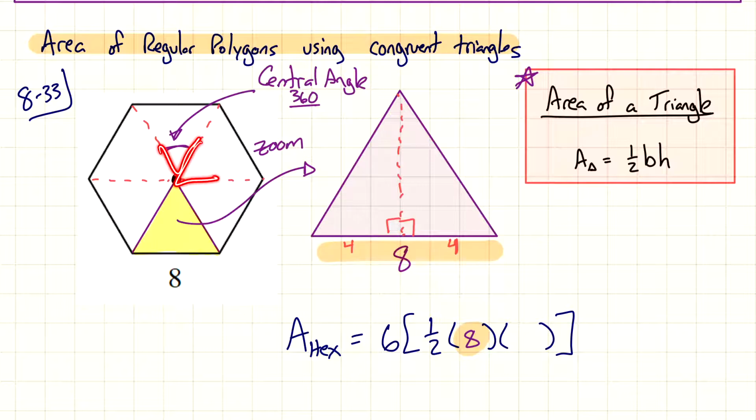It was 1, 2, 3, 4, 5, 6. 6 sides, 6 angles, 6 slices of pizza, however you want to think of it. So I'm going to take 360 divided by 6, and that gives us 60 degrees. So that means these angles here are 60 degrees.